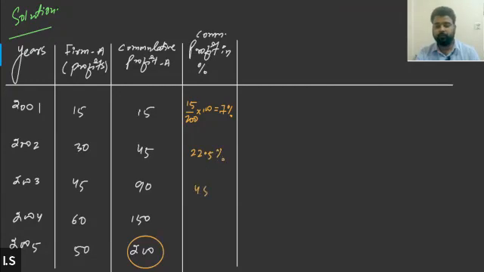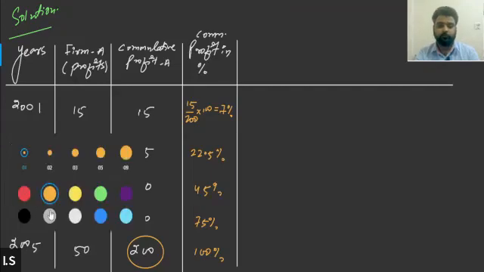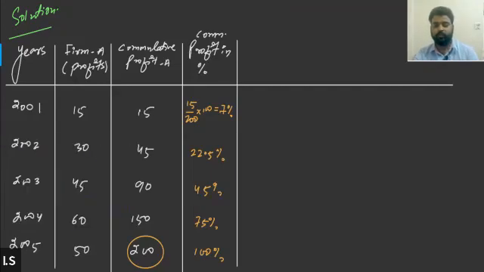Then 45%, then 75, and then finally 200 divided by 200, it will be 100%. Got it? Is this clear to you? Yes, sir.